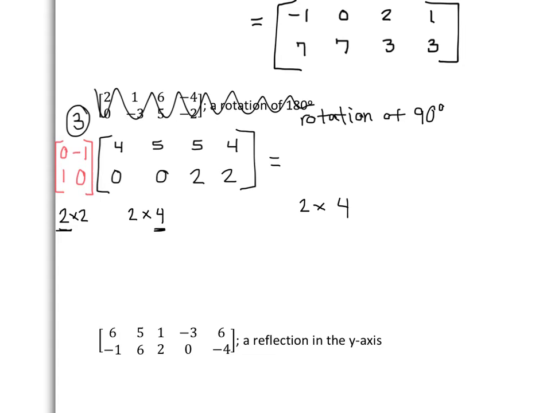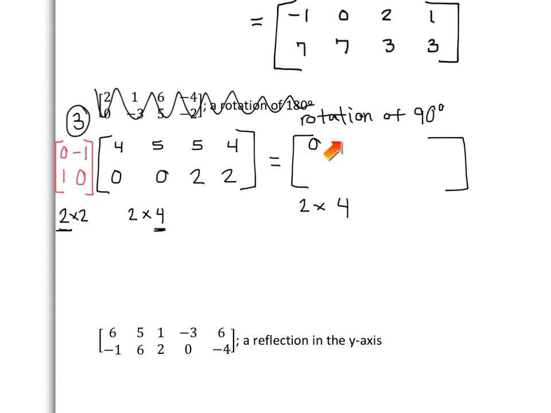For the row 1, column 1 spot, I take my first row multiplied by my first column. What's 0 times 4? 0, plus what's -1 times 0? 0. So what's 0 plus 0? 0. That one's not too bad, right?